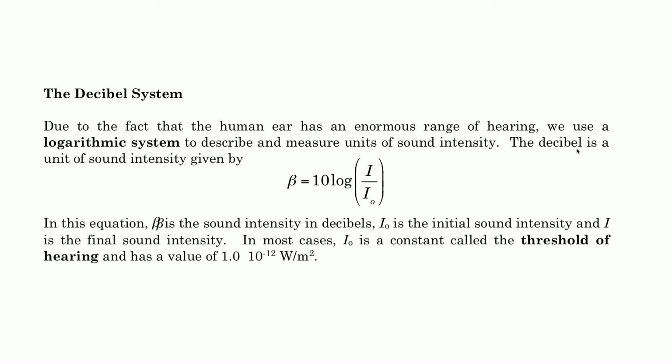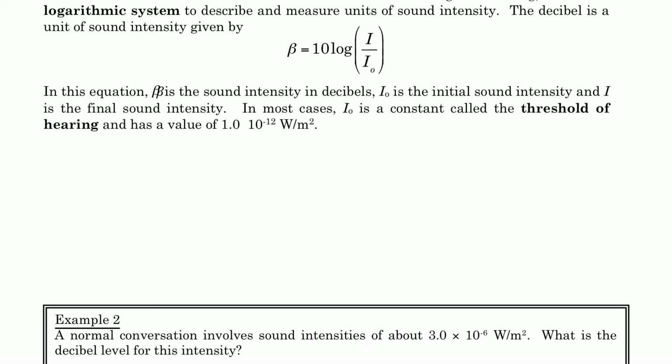The new unit is a decibel, and it basically represents the log of this ratio. In most cases where we're going to do examples, I naught, which is the initial sound intensity, is considered a constant, and we compare it to basically the threshold of hearing, which has a value of 1.0 times 10 to the minus 12 watts per meter squared.